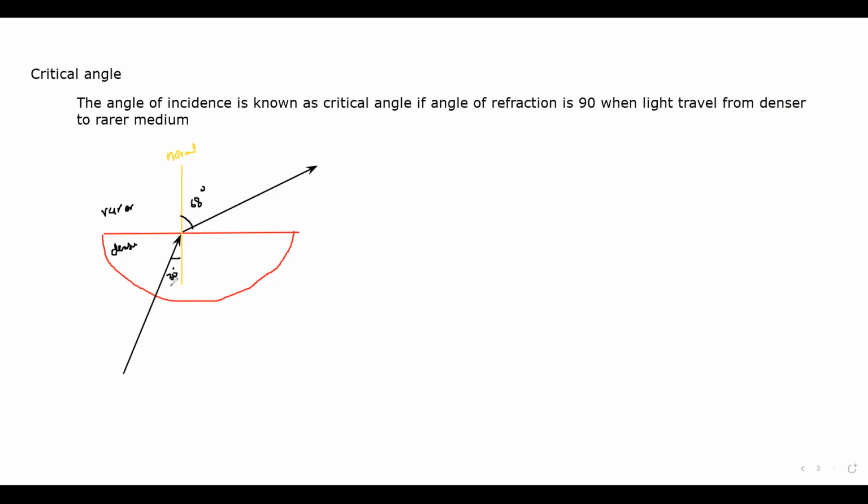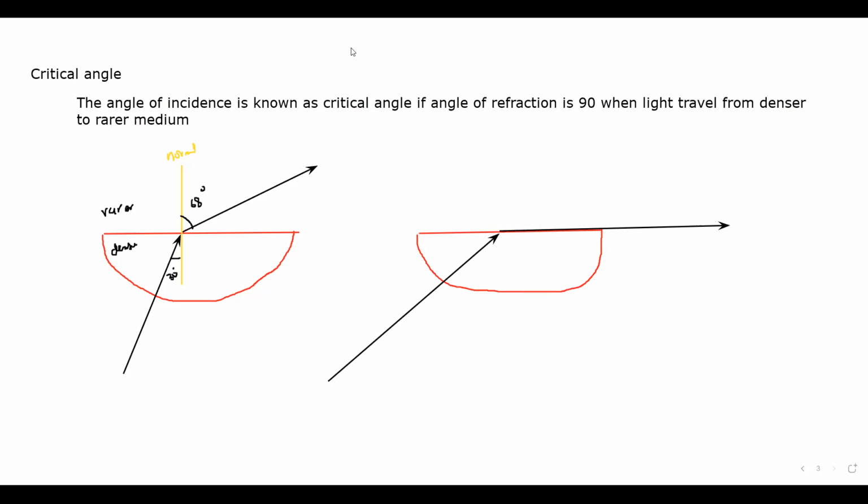So we don't call this angle of incidence the critical angle. Critical angle means when the angle of refraction is 90, meaning the ray of light, when it strikes a denser to rarer boundary, travels along the surface.